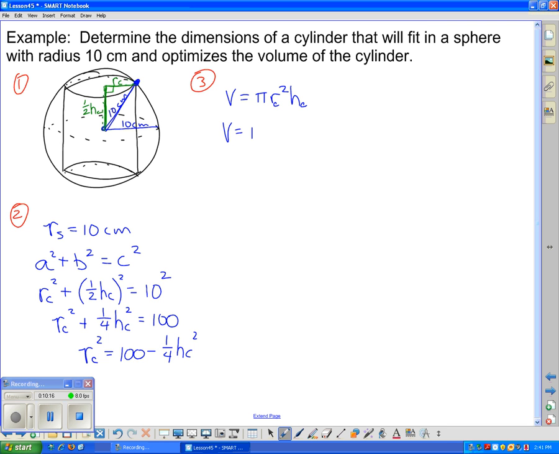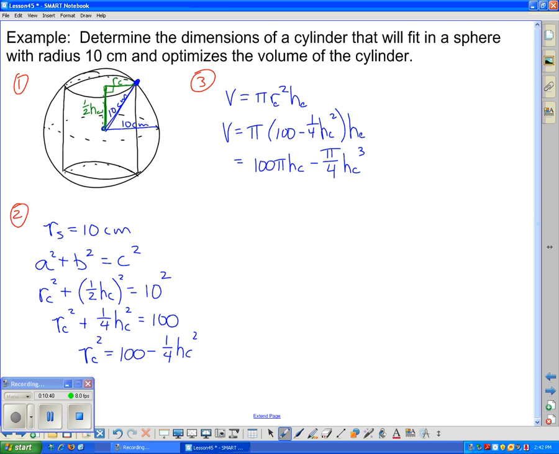So volume equals pi times 100 minus 1/4 height of the cylinder squared, multiplied by the height of the cylinder. Using the distributive law, we end up with 100 pi height of cylinder minus pi over 4 height of cylinder cubed.